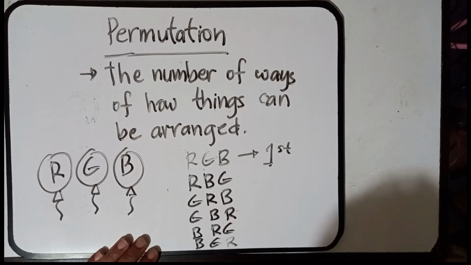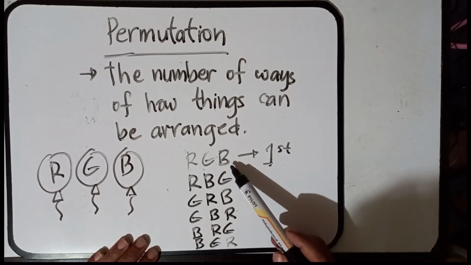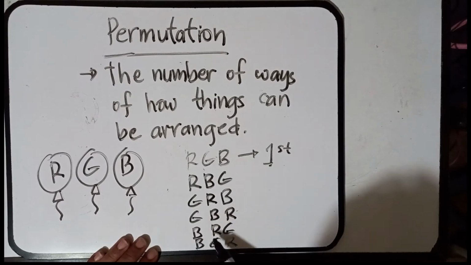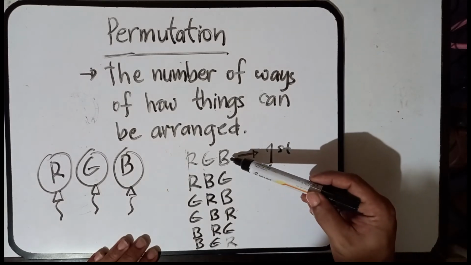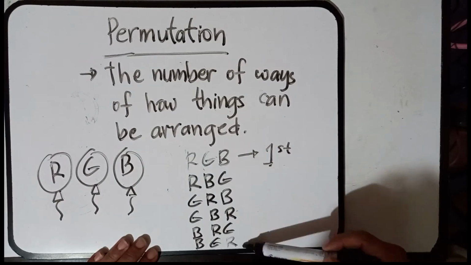And then for the last two possible arrangements, we start with blue. So we have blue, red, and green, and then we just flip these two. It will become blue, green, and red. So the total permutation of this, we will just count 1, 2, 3, 4, 5, 6.